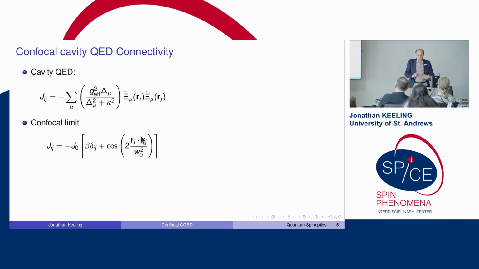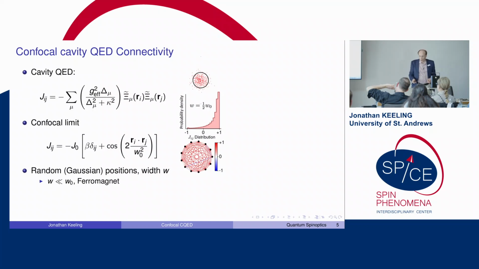And this is potentially interesting because as you make the positions further and further apart, this thing will wind faster and faster and so will become effectively random. And you can indeed see this if I put atoms in at random positions when they are fairly closely spaced compared to this w0, which is the beam waist of a TEM00 mode, then most of the interactions are positive, cosine is positive, and if you look at this all-to-all connectivity picture, all the interactions are positive.